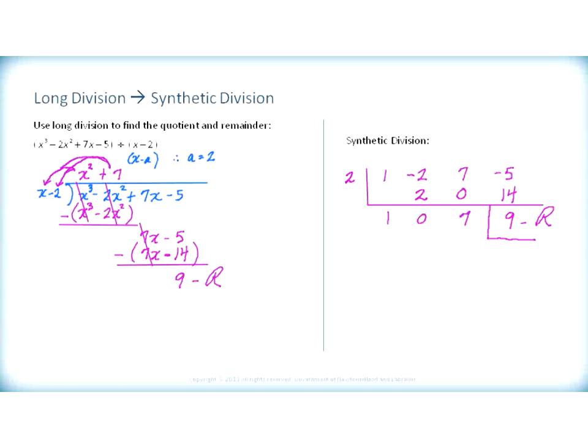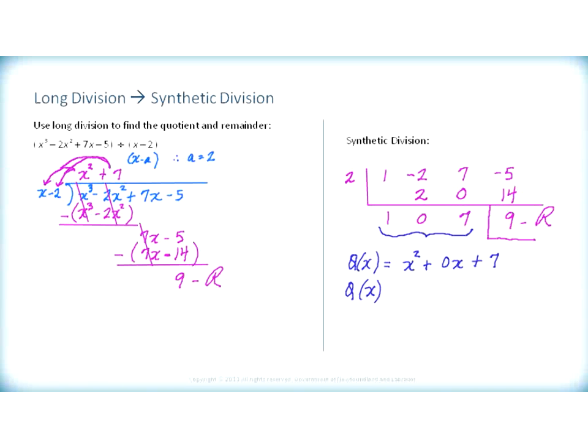To determine the quotient, we use the depressed equation, where 7 represents the constant term, 0 is the coefficient of the linear term, and 1 is the coefficient of your quadratic term. So we have 1x squared plus 0x plus 7 as the quotient.